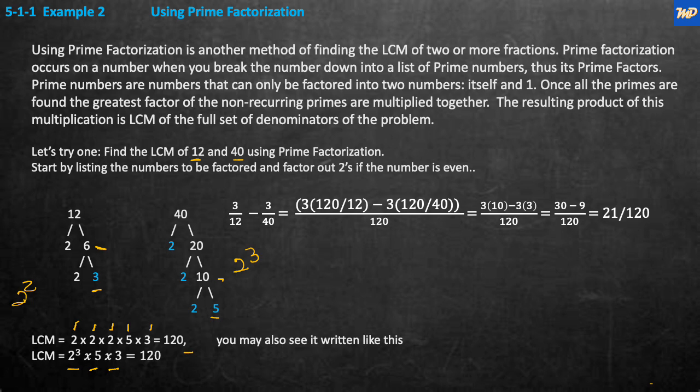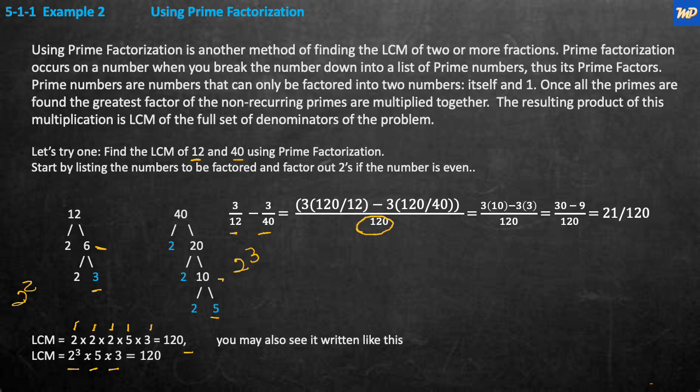And then what does it look like with a problem here? So we have a 12 and a 40. We'll pick a 3: 3/12 minus 3/40 right here. So how do we make it work? Well, we know the denominator is going to be 120. We found it right here at 120.